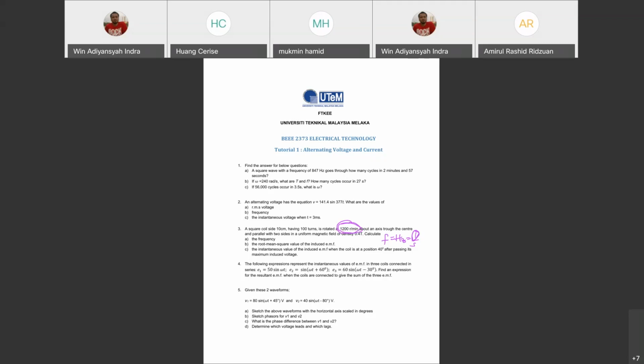All we have to do is change the minute into seconds, right? Convert minute to second. 1 minute equals 60 seconds, so you have 1200 over 60, which becomes 20 hertz.